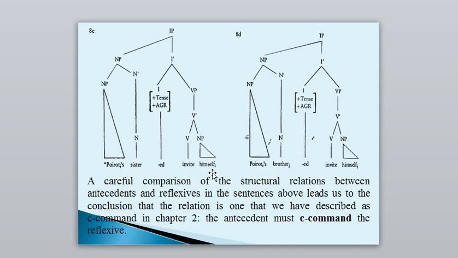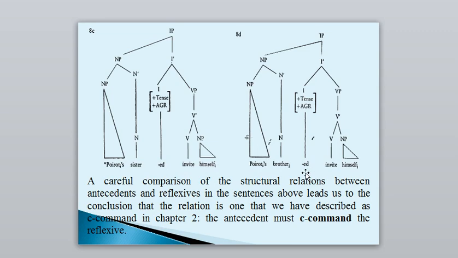Himself can come back to Poirot, but Poirot is before the sister in the spec NP, so it cannot be the antecedent of himself, and sister as the nearest antecedent cannot be the antecedent of himself, because there is a gender mismatch between sister and himself. So this is an ungrammatical sentence.